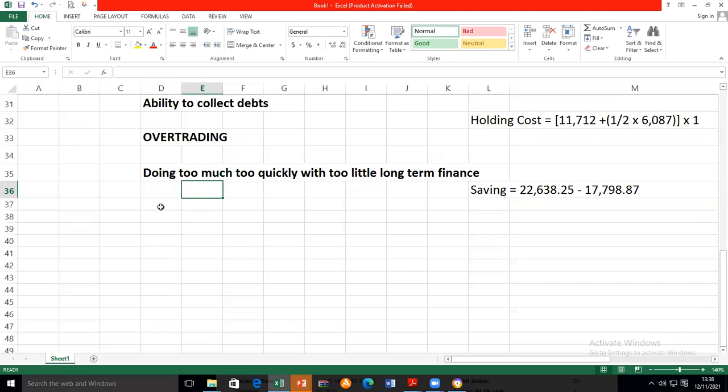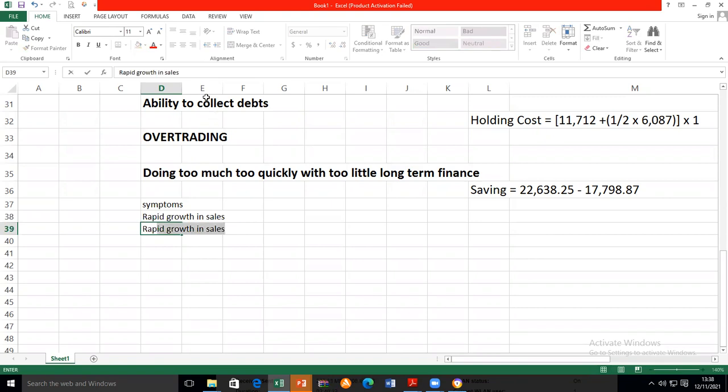What are the symptoms of a company that is overtrading? One of them is an increase in turnover. Yes. And also an increase in receivables and inventories. What else?